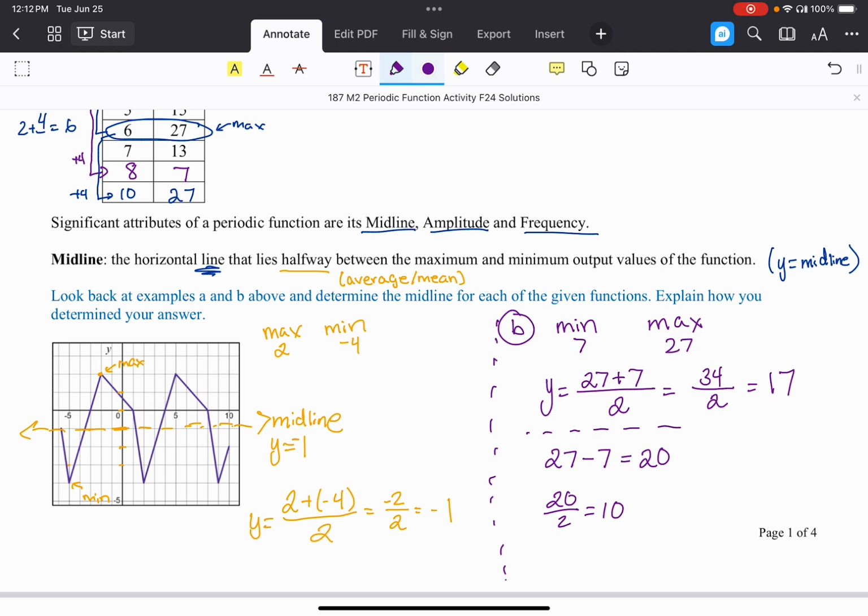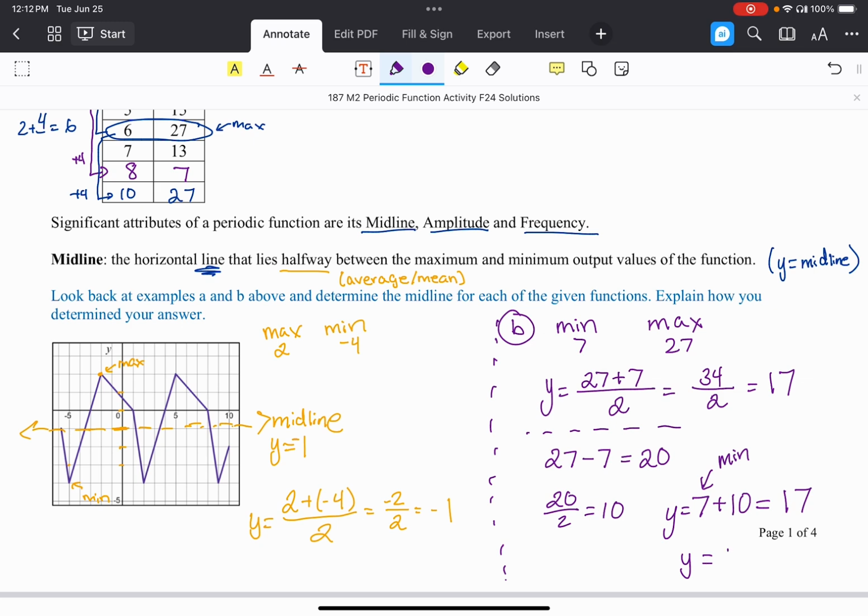So I need to go 10 units up from my minimum value or 10 units down from my maximum value, whichever way you want to think about this. If I do 7 plus 10, my min plus the halfway distance, I get my midline of 17. This is just a different way of thinking about this.